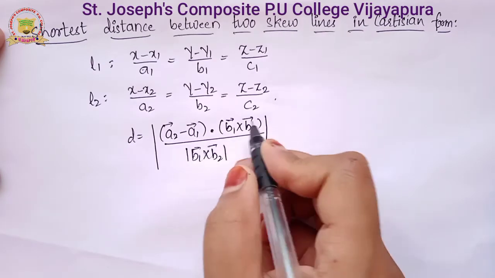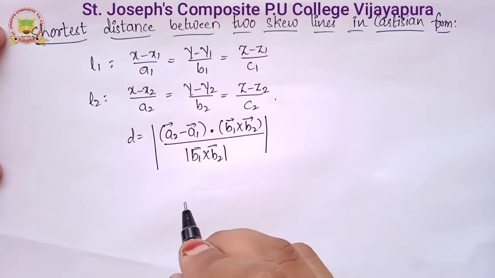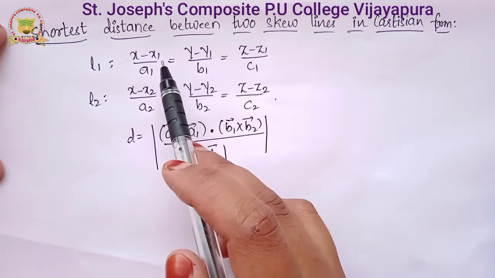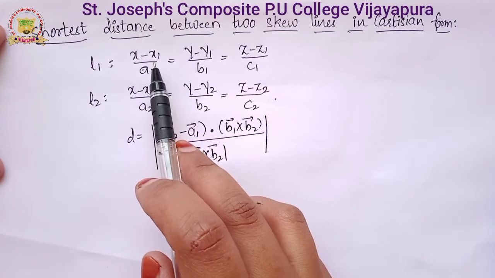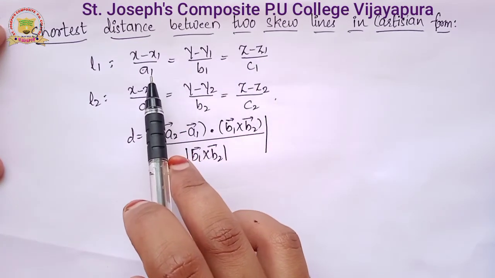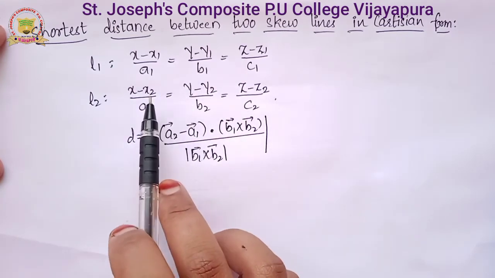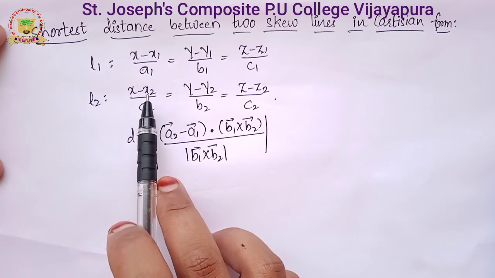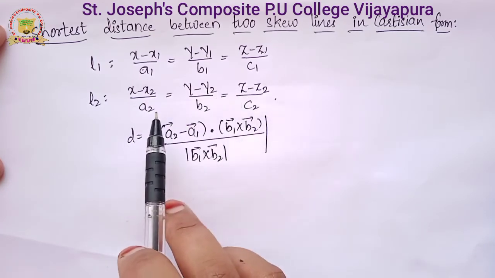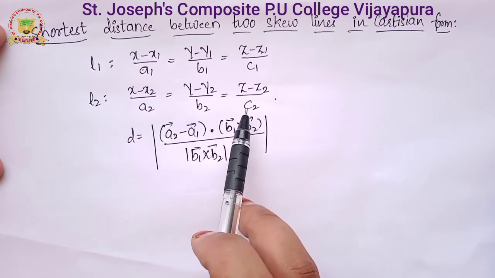Here you can take this one as first and this one as second, because A dot B is equal to B dot A. Okay. So here the vector A1 as x1i plus y1j plus z1k, and vector B1 as a1i plus b1j plus c1k, substitute here, and the vector A2 as x2i plus y2j plus z2k, and vector B2 as a2i plus b2j plus c2k, substitute here.